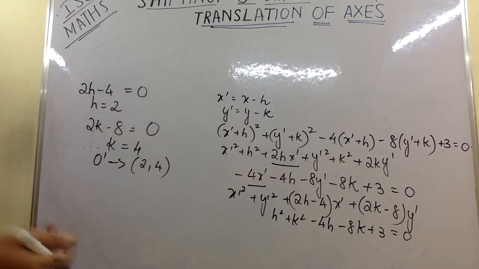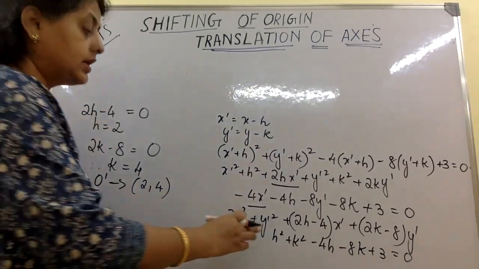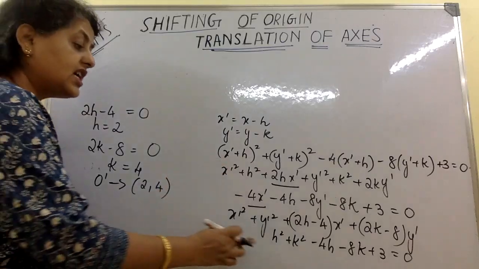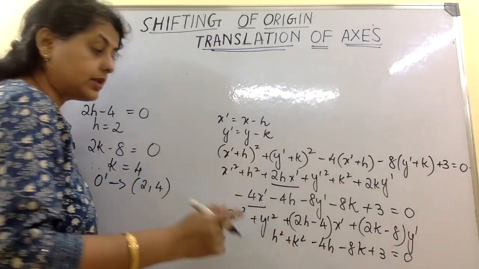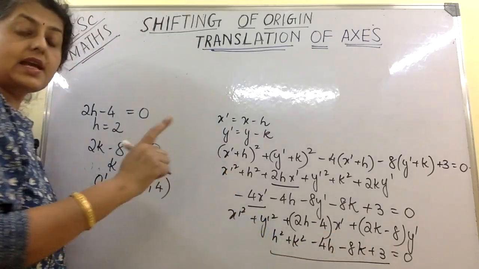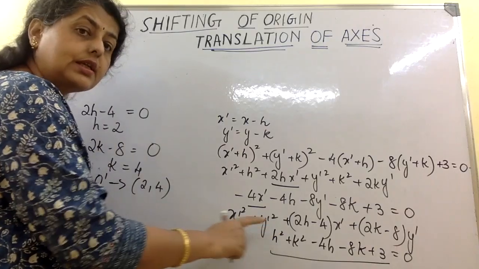Now if you see this part, here also I have second degree terms and all. Actually, h and k, because the origin has been shifted, this full part is actually a constant value, because we have h and k over here.